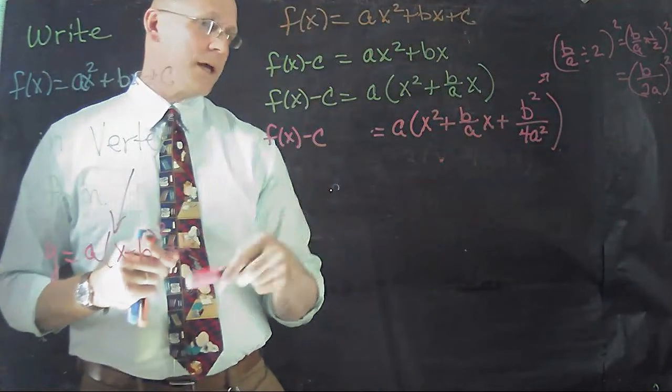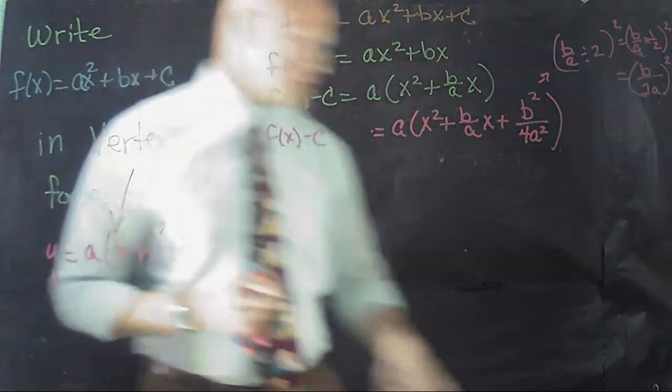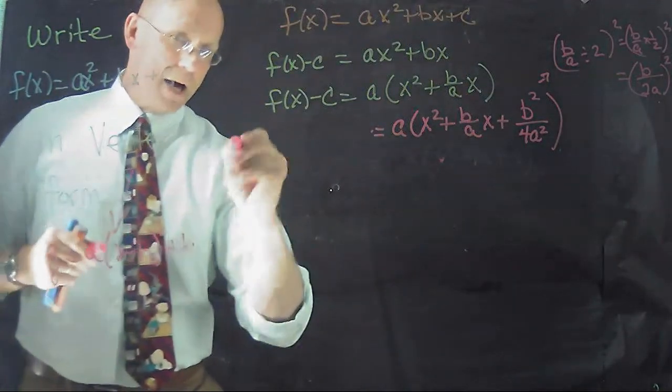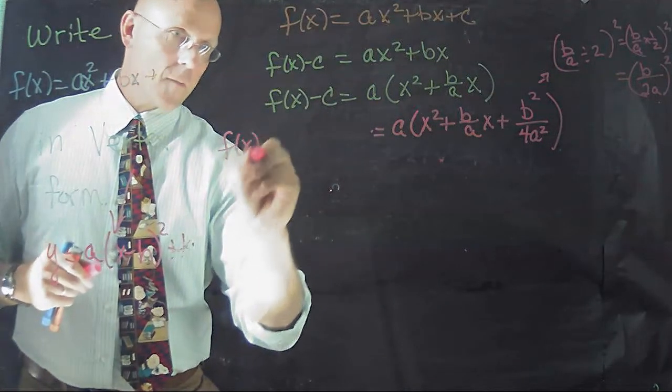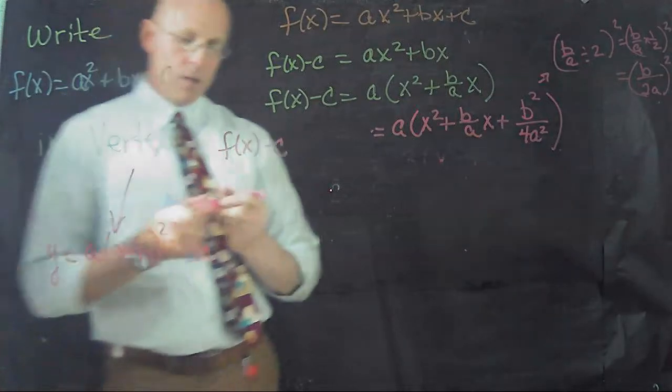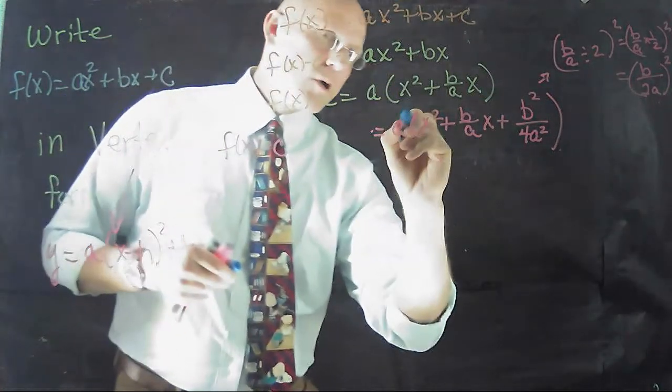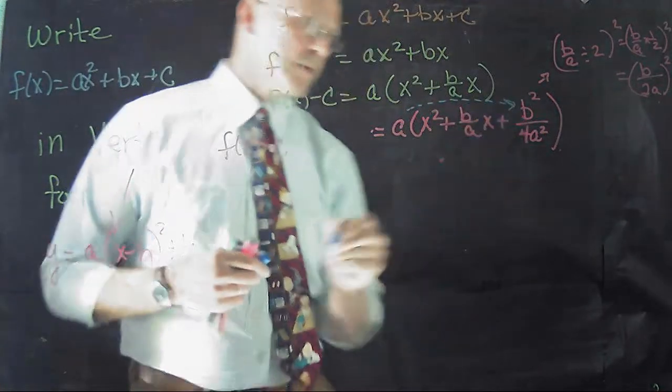Now, what happens? I have to do this on the left-hand side as well. On the left-hand side, at this point in time, I have f of x minus c. I need to see what I've changed the right-hand side by. So this is where you have to distribute it.